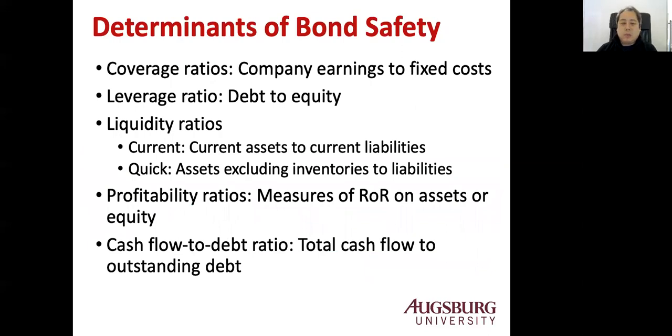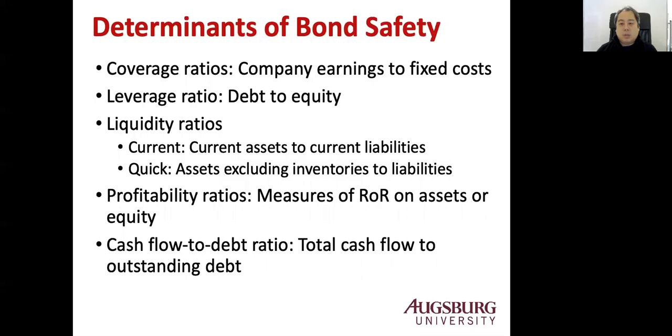There are a number of ways. This is not the only set of factors you have to watch, but these are the kinds of things that the credit rating agencies may look at, the kinds of proxies that determine the safety of the bonds.